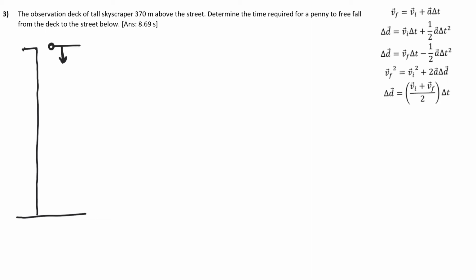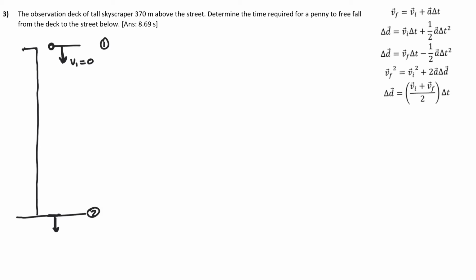So we're going to assume that it's being dropped in this case. The question isn't worded that well, and I'm going to say that the velocity here is 0, and this is stage 1. And it's going to reach stage 2 just before it hits the floor. I repeat, just before it reaches the floor, and not when it hits the floor and stops.